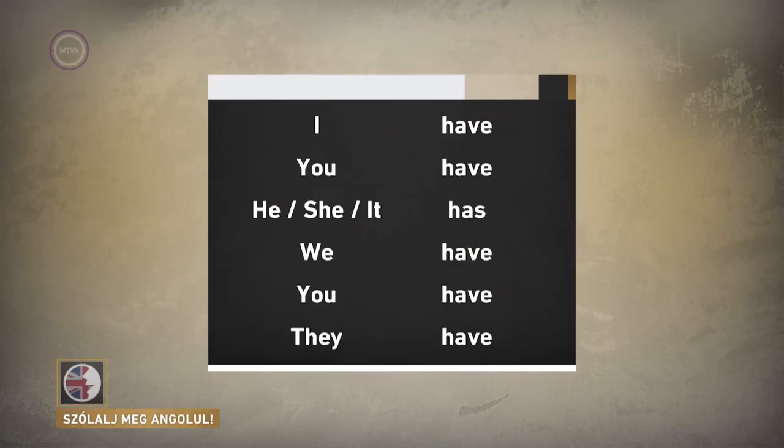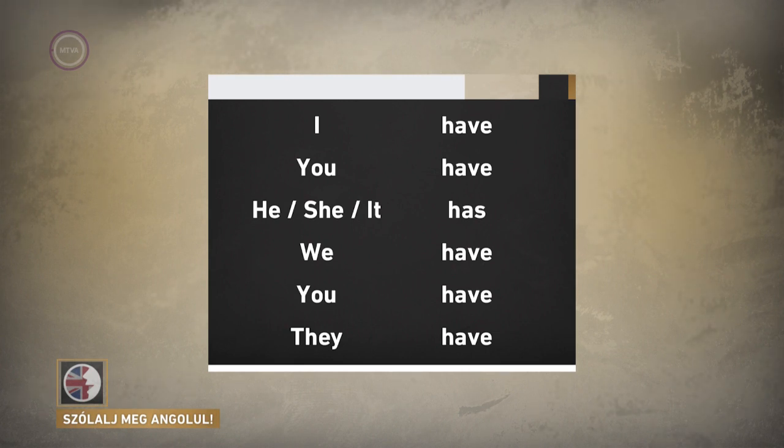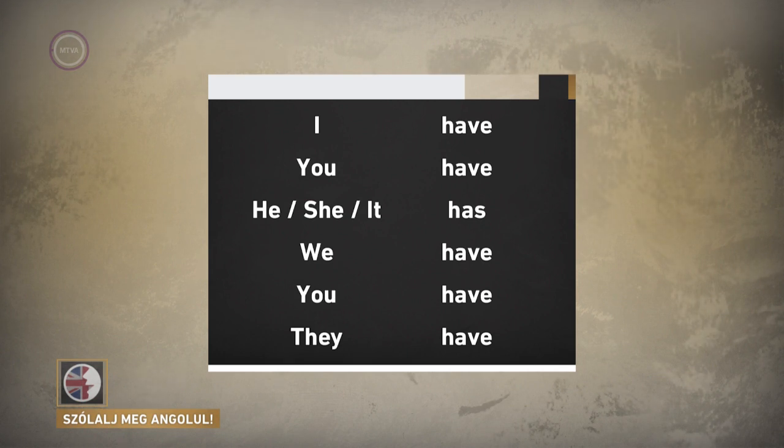I have, you have, we have, you have, and they have. Okay. So that also means that if the subject of the sentence is the third person singular, if we're talking about Alfredo Benchfield, or the Hulk, or Wonder Woman, then we use has, not have. Simple.